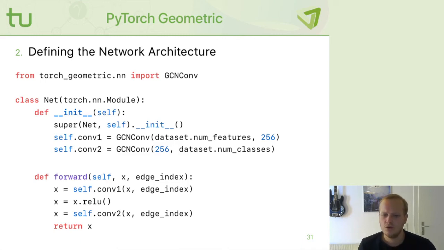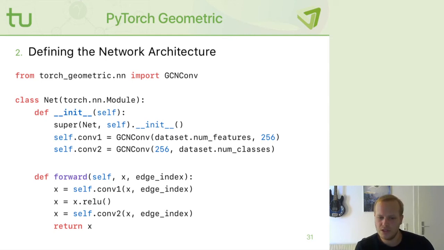And next, we want to apply a second round of message passing, and therefore we create another operator, and this time this maps from the hidden dimensionality to the number of classes.